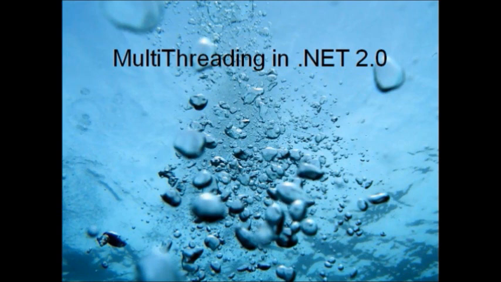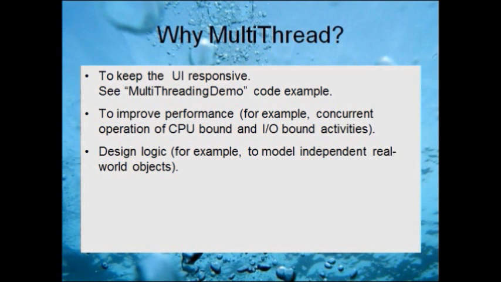Multithreading in .NET 2.0. Why multithread? To keep the UI responsive; to improve performance, for example concurrent operation of CPU-bound and IO-bound activities; and for design logic, for example to model independent real-world objects.